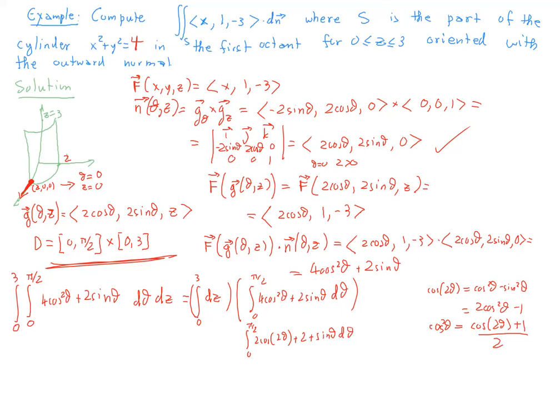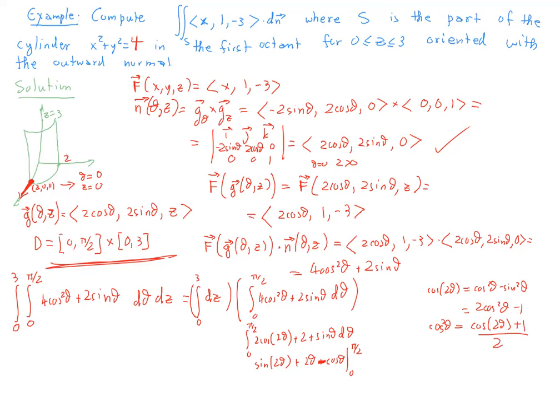The antiderivative should be pretty straightforward here, so it's going to be sine of 2 theta plus 2 theta minus cosine theta from 0 to pi over 2. When you plug in either 0 or pi over 2 in sine of 2 theta, you get 0, because you get sine of 0 or sine of pi.